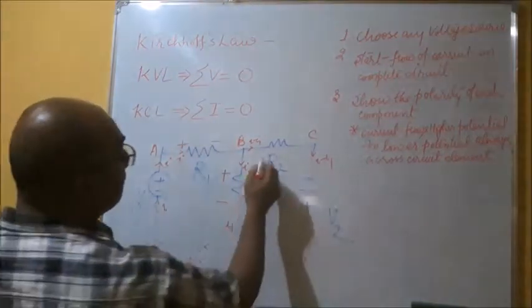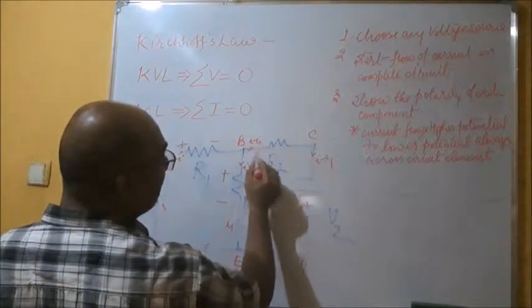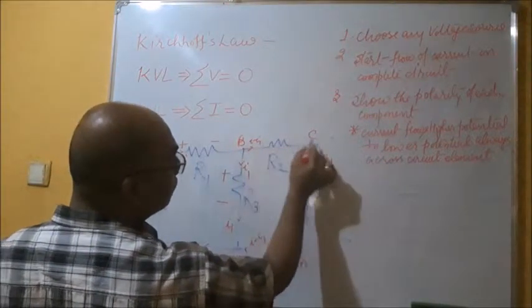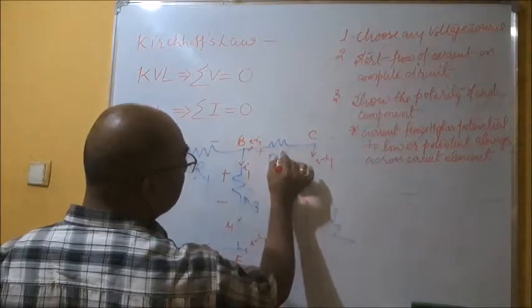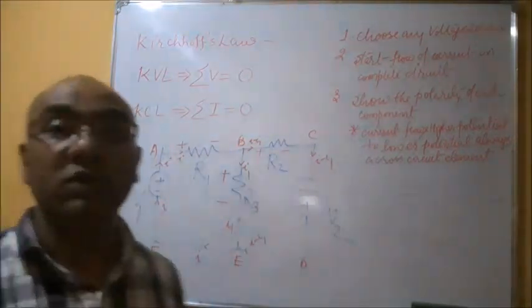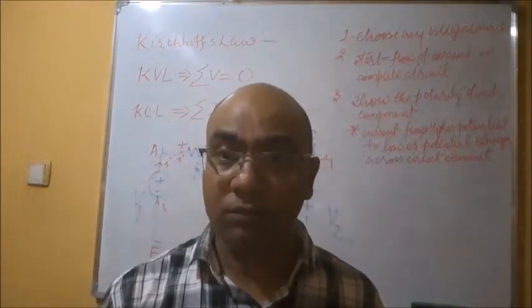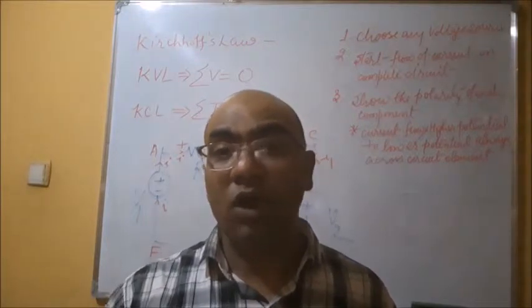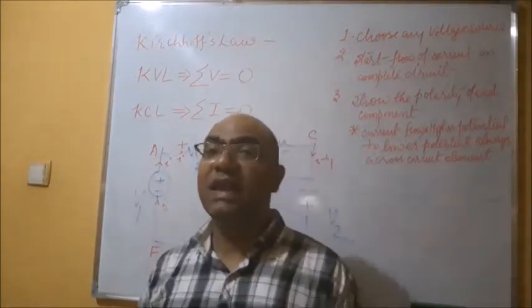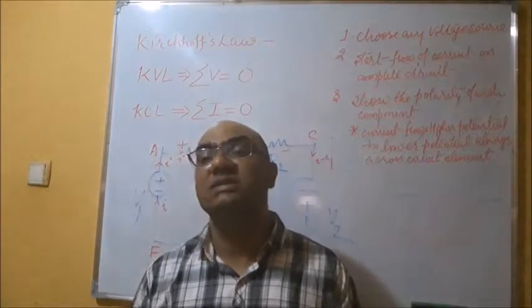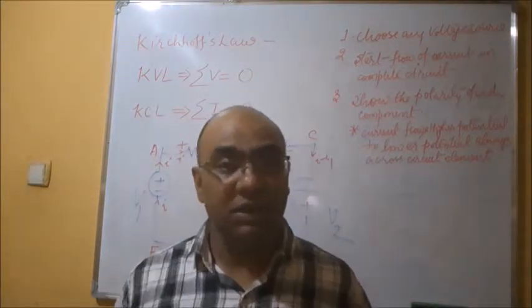And here the current I minus I1 is going from B to C, so this is positive and this is negative. In this way we can note down the polarities at each resistance connected in the circuit.